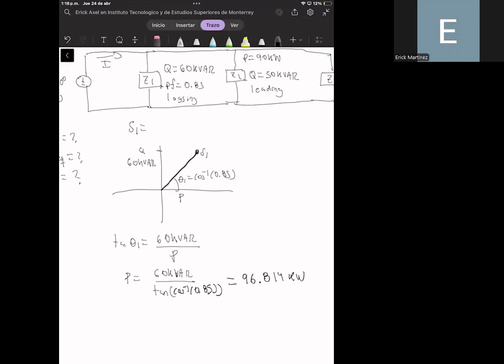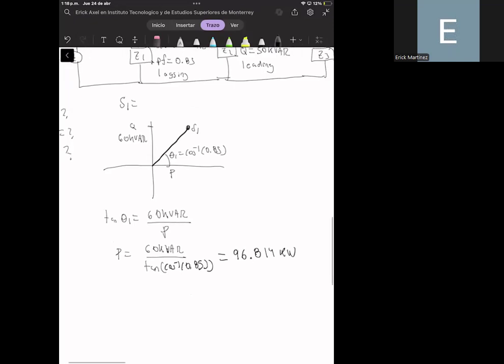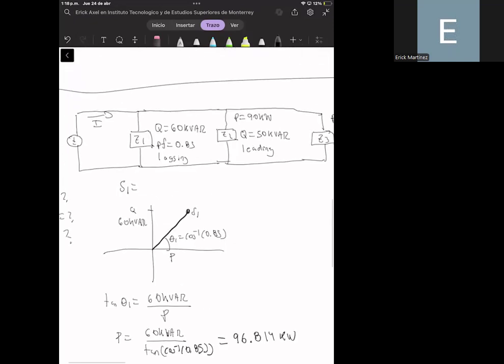And with that information, what else can we compute? Well, we can now define the complex power. So we know that the real power is 96.8014 plus, I will place a positive sign because the complex power is in the first quadrant, 60.